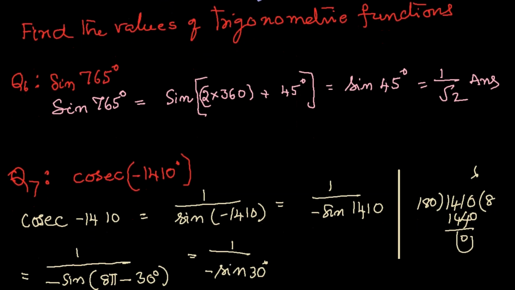Now from question 6, the question differs. Find the values of trigonometric functions. In question number 6 it is given as sine 765 degrees. Sine 765 degrees can be written as sine of 720 plus 45.